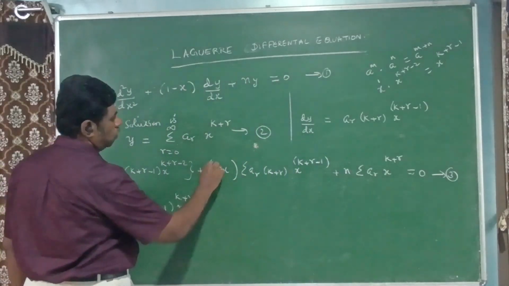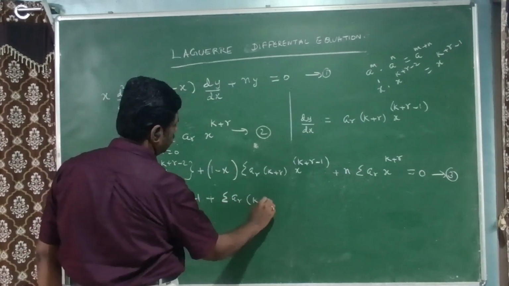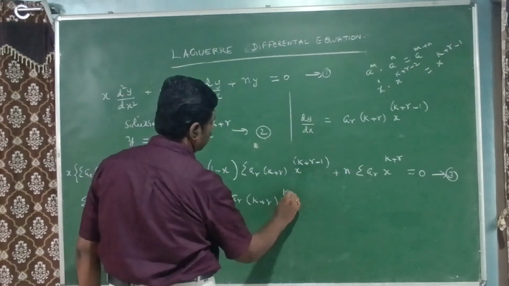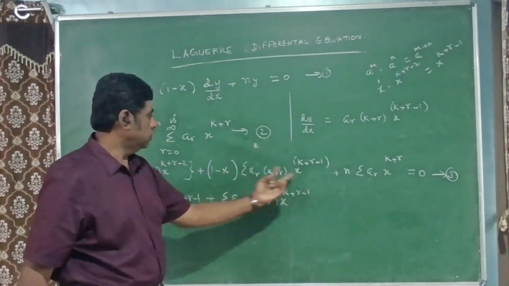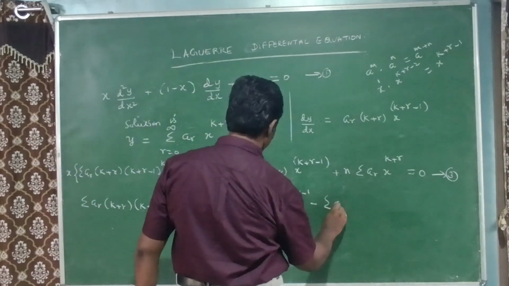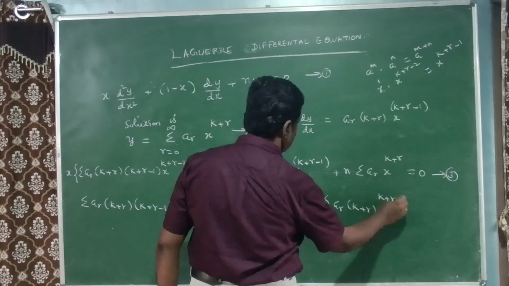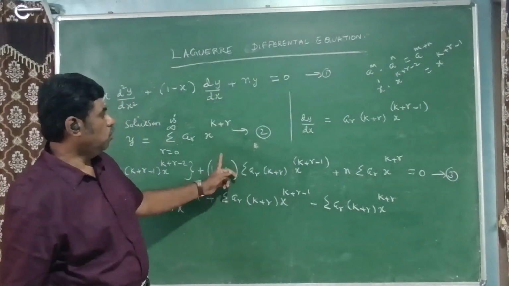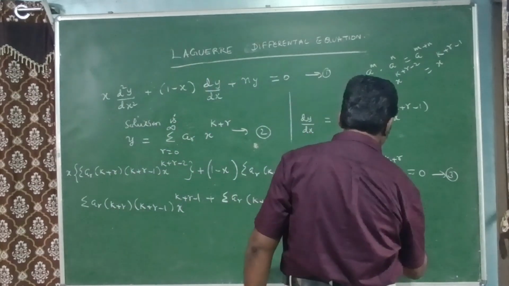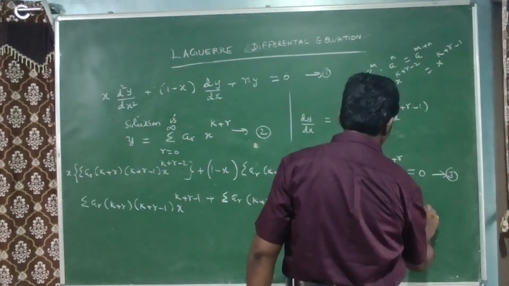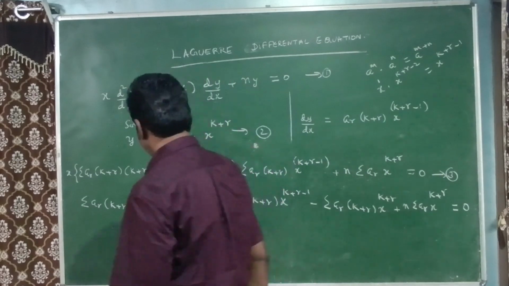Then multiply 1 into this much: summation over a_r (k+r) x^(k+r−1). Then minus x into this term: minus summation over a_r (k+r) x^(k+r). Here x^1 is present. x^1 into x^(k+r−1) is x^(k+r). Then write down this term plus n into summation of a_r x^(k+r) equal to 0.